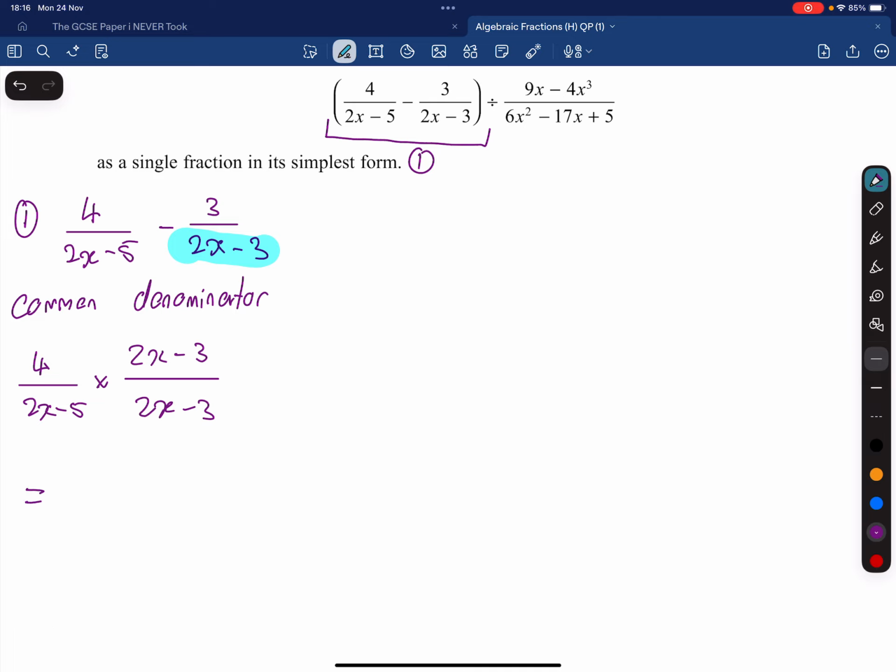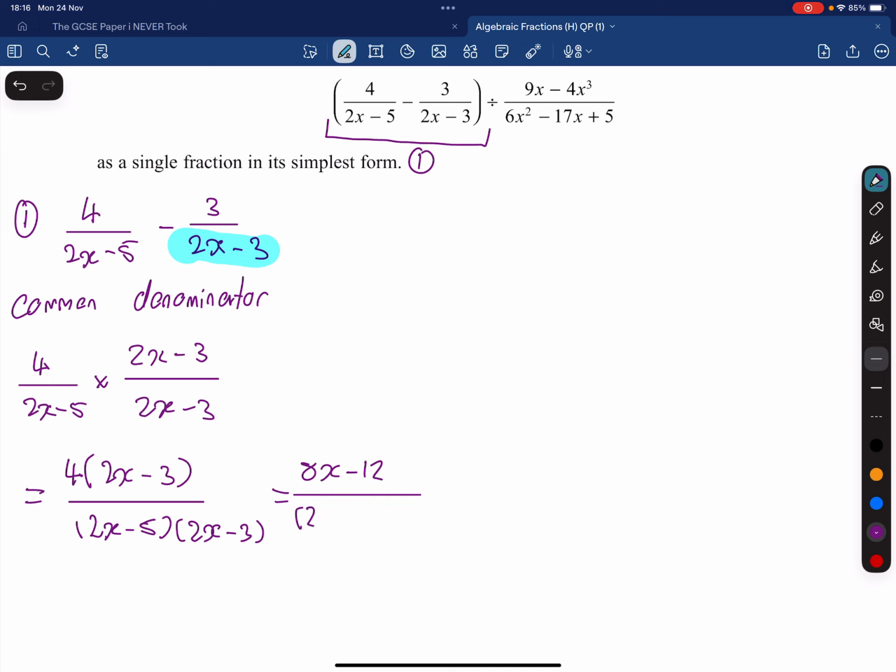So this will be equal to 4 times 2x minus 3 over 2x minus 5 multiplied by 2x minus 3, which is equal to 8x minus 12 over 2x minus 5, 2x minus 3.